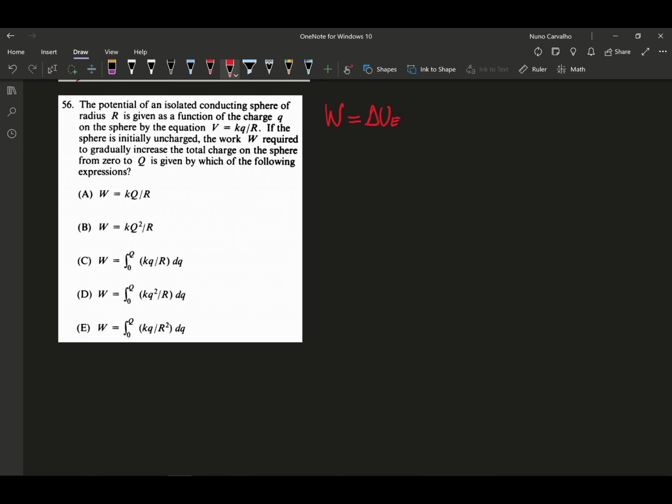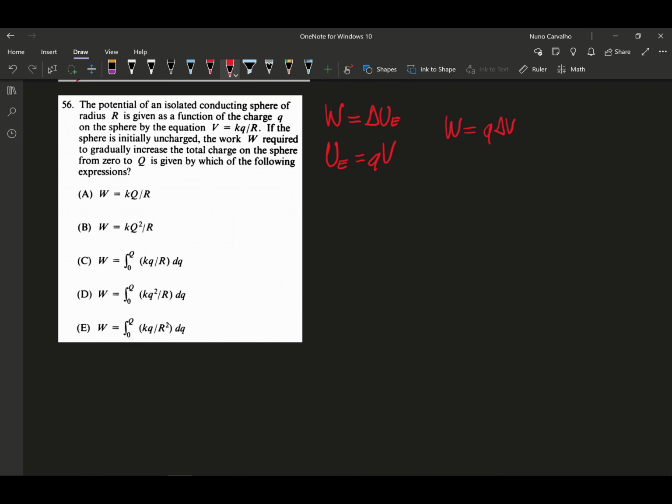But so the first thing to note is that work can be thought of as the change in potential energy, and then using our formula sheet, we are told that potential energy here is going to be given by QV. And so then we can be thinking that work is going to be the change in Q times the change in V. And then what we want to do is that basically if we're charging a sphere here from uncharged to a charge of Q, we're basically doing a bunch of little work, a little work of moving one charge to the uncharged sphere and then one more charge into that and another little charge and so on.